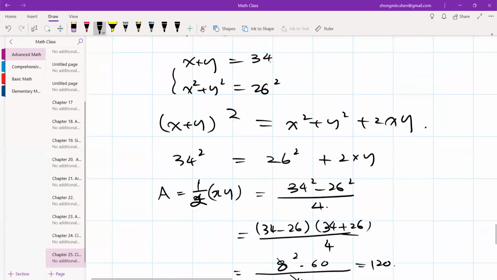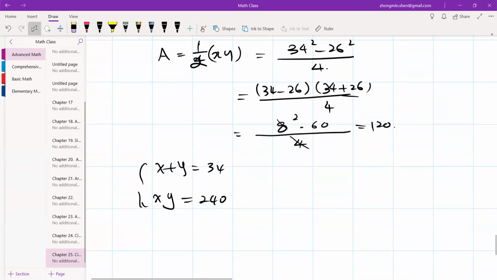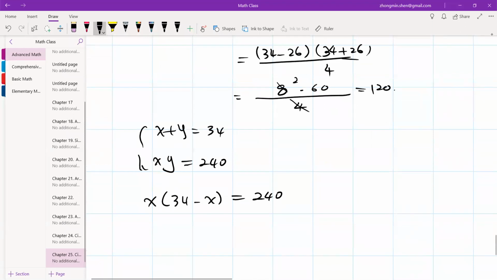From here you can solve for X. So let's solve for X, and Y is going to be 34 minus X, so X times 34 minus X equals 240. So you get a quadratic equation. You got negative X squared, so I'm going to put X squared. So this is a direct way to solve the problem.